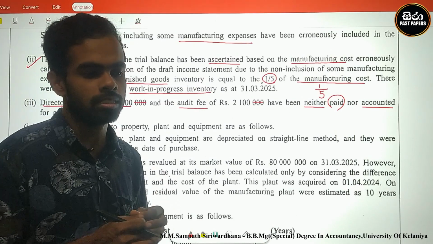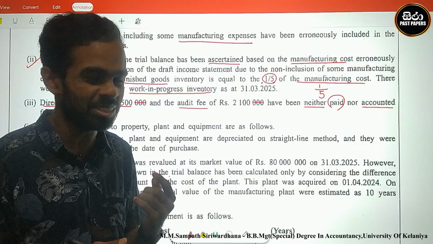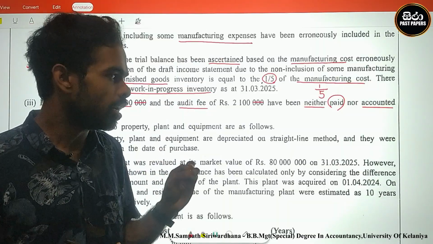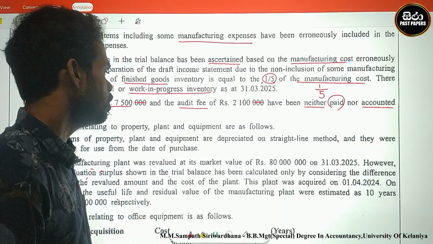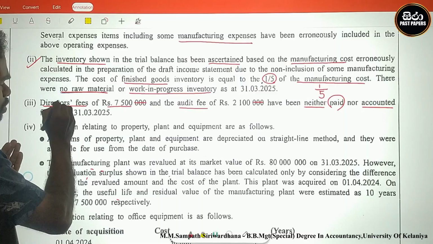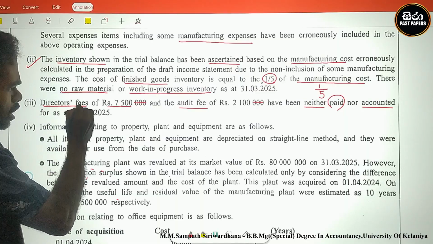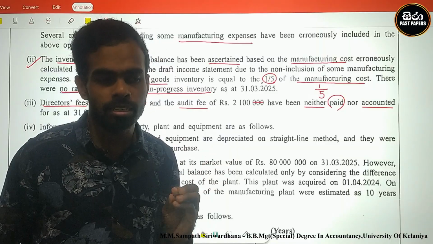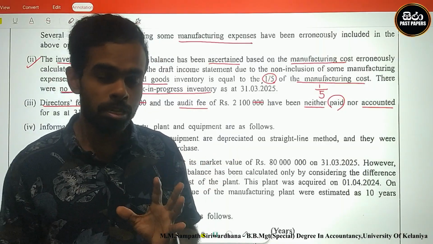At the end of the year, there's no payment and no accounting was done in this company. Therefore, we must create the accounting entries one by one. Director fee 7,500 is not accounted and not paid. Not paid means there's a payable.